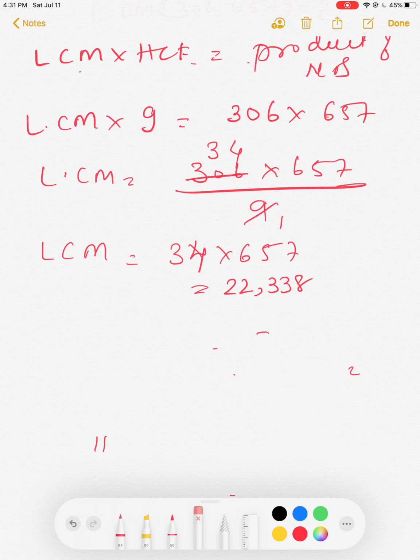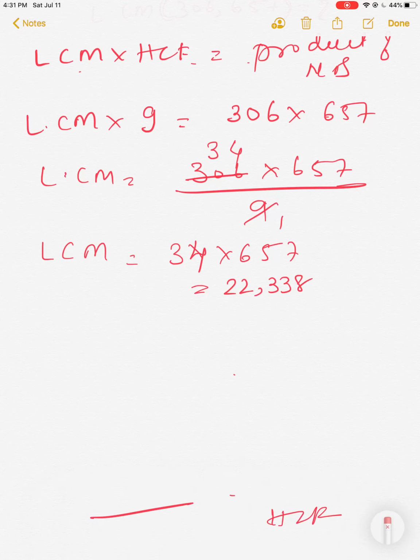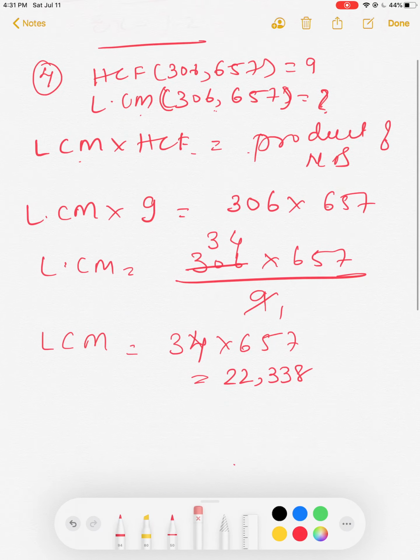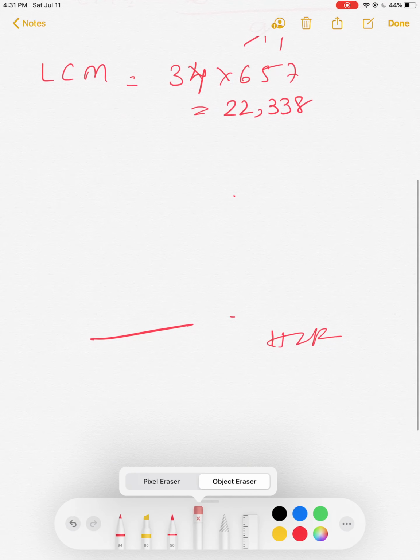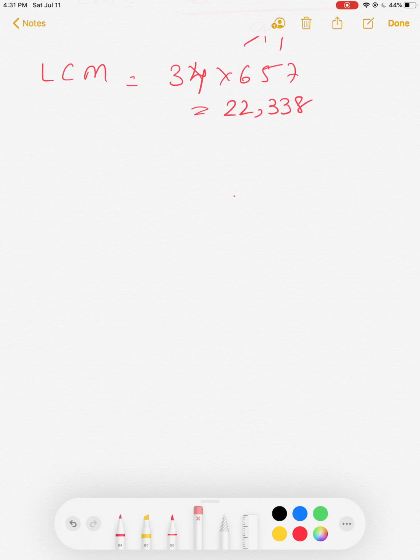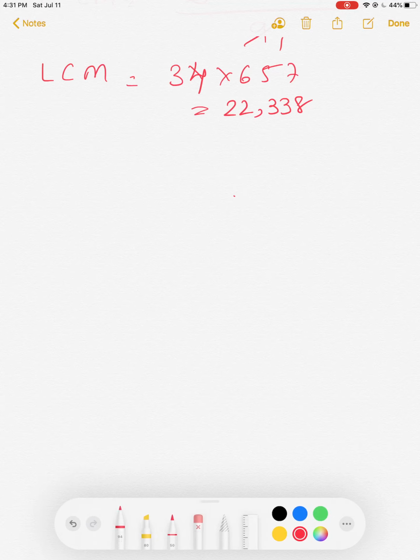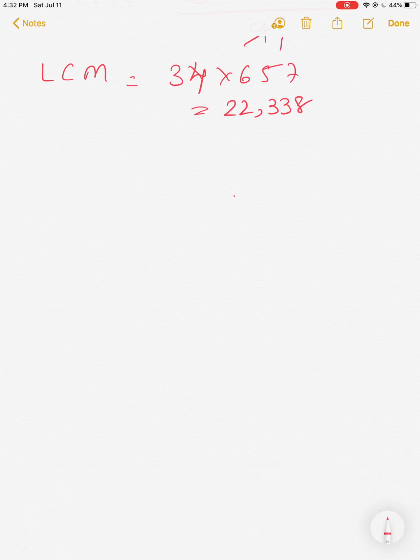Let me rub this out and check whether 6 raised to power n can end with 0, that we have to check.